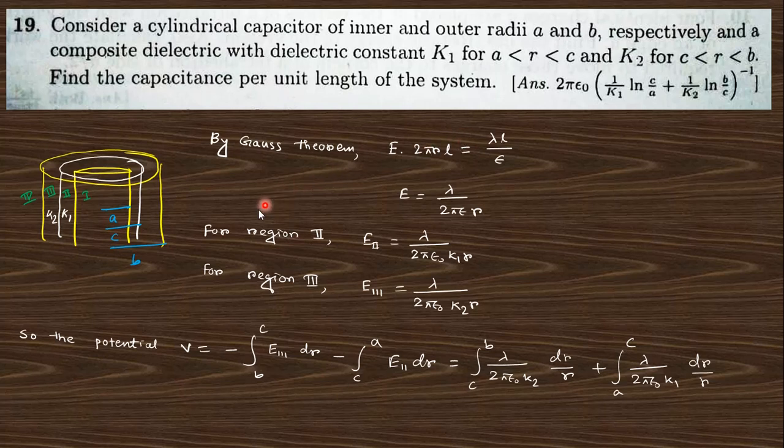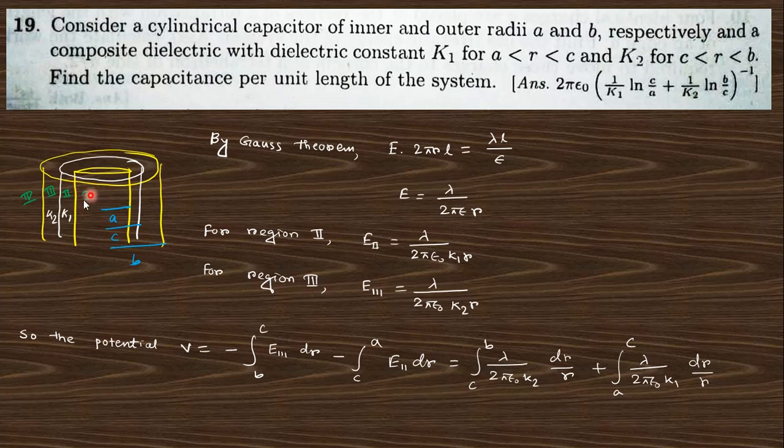By Gauss theorem, in region 1 the electric field is 0, in region 2 it is lambda by 2 pi epsilon k1 r, in region 3 it is with k2 r, and in region 4 it is also 0, right? Because the charge will be on the inner side and the induced charge on the outer side, the total is 0.